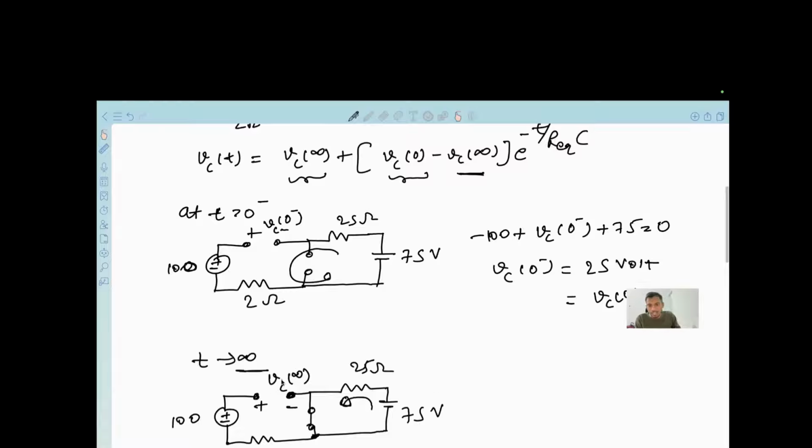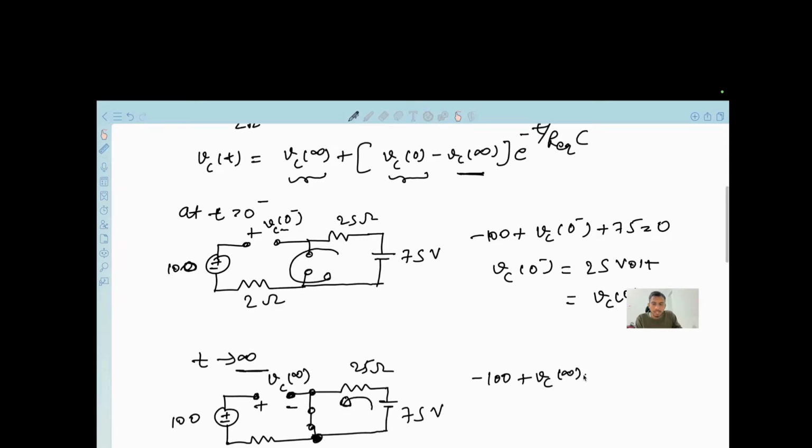So how can we get this Vc infinity? The voltage across this point and this point is 0 because it is shorted. So I can calculate Vc infinity just by applying KVL.